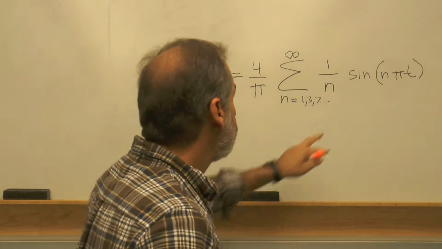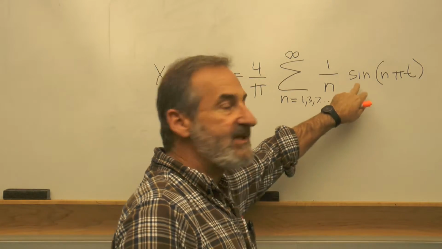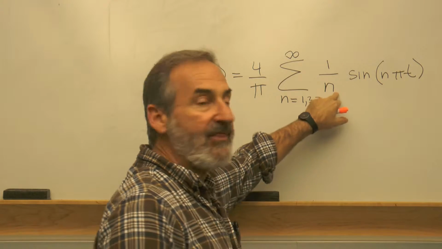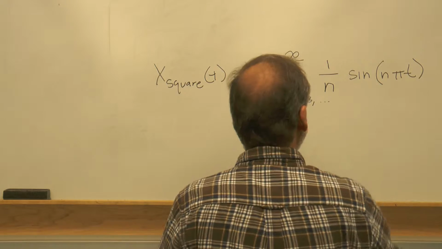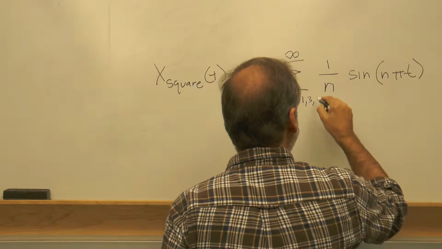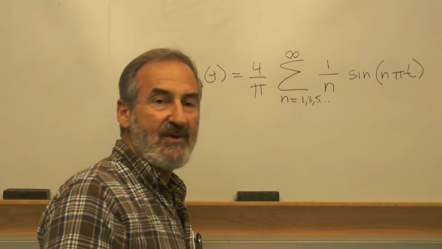So we take our fundamental, number 1, then we take the third harmonic, 1/3 of it, then the fifth harmonic, 1/5 of it, add them all together, supposedly we get a square wave.